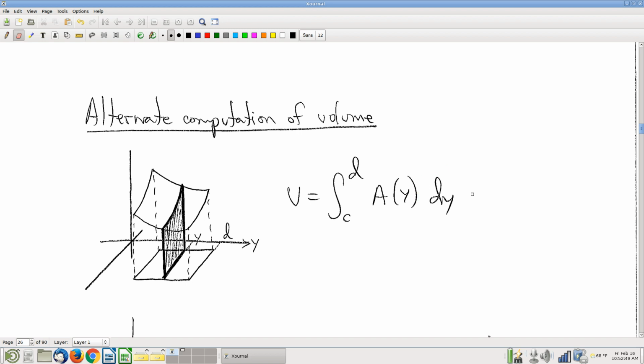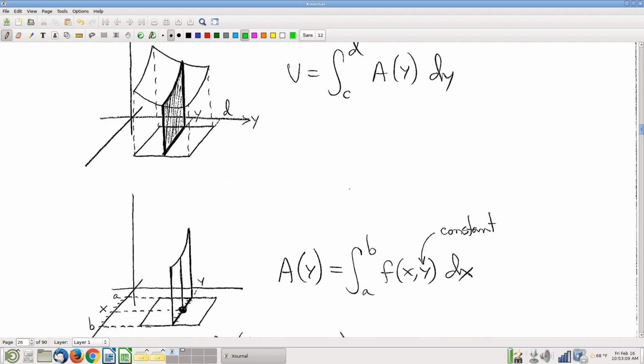Okay. Right, which is all well and good except for the fact that we don't know what that is. In a volume of rotation problem, this was the area of a circle, or worst case, the area of a washer, an annulus. And so pi r squared, or pi r2 squared minus pi r1 squared, whatever. In this case, not so lucky, but it's not that bad to figure out what that area is.